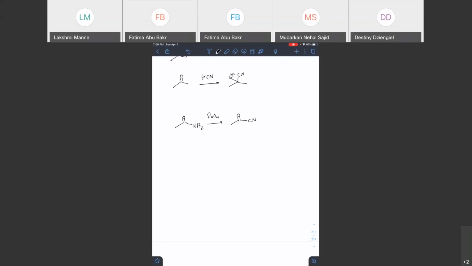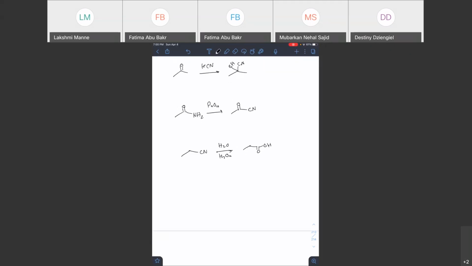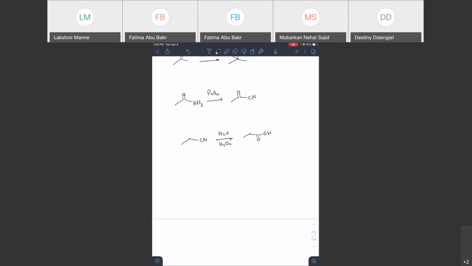So if you have a CN right here, all you have to do is react it with, I think you can do it by acid or by base. If you want to do it by acid, you can just do H2O, H2SO4, whatever, and you're going to get this being turned into an acid. And then you can also do it with a base, so the same thing, but we're just going to do KOH, maybe some H2O.